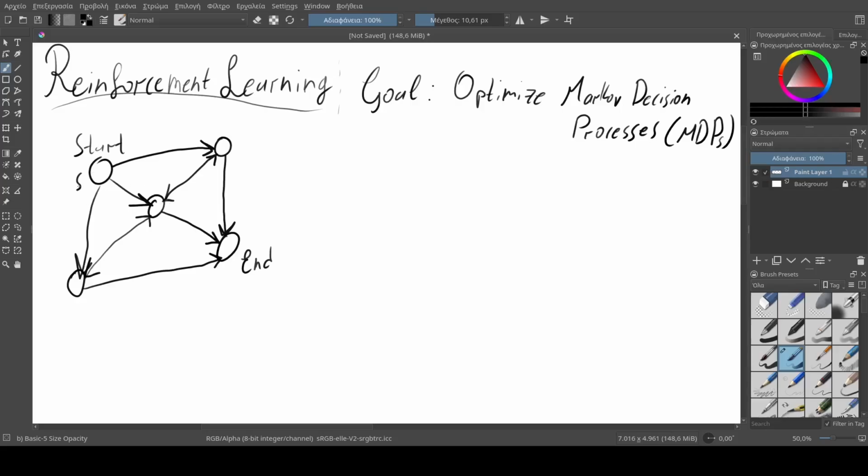So this is state 0. This is state 4. And these are state 1, state 2, and state 3. And now we have the following.